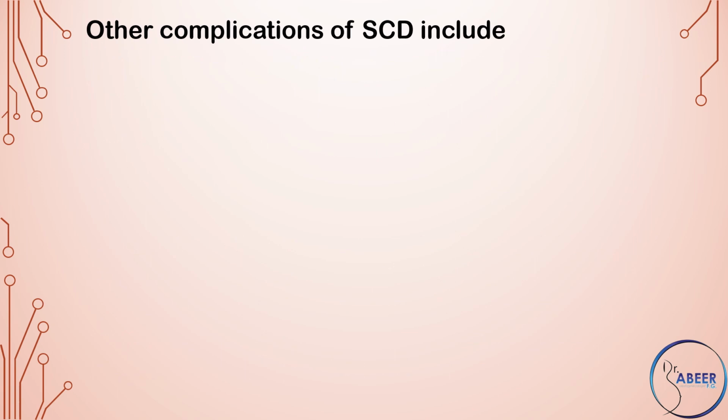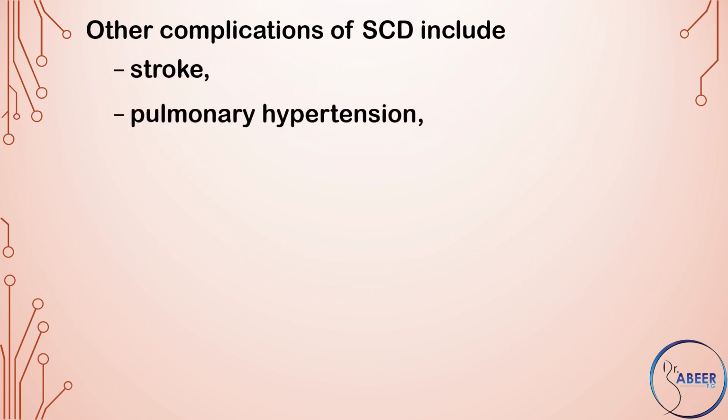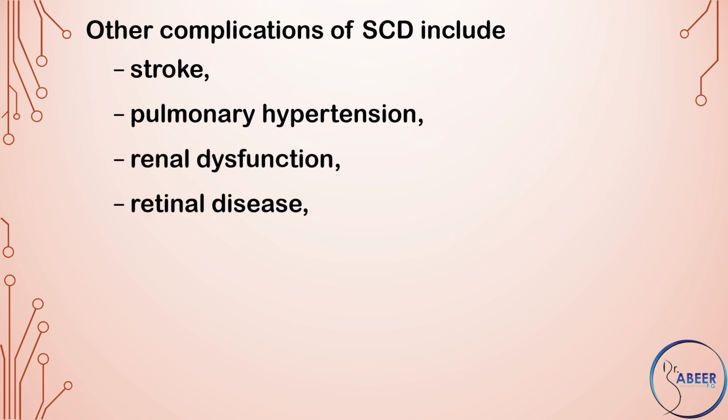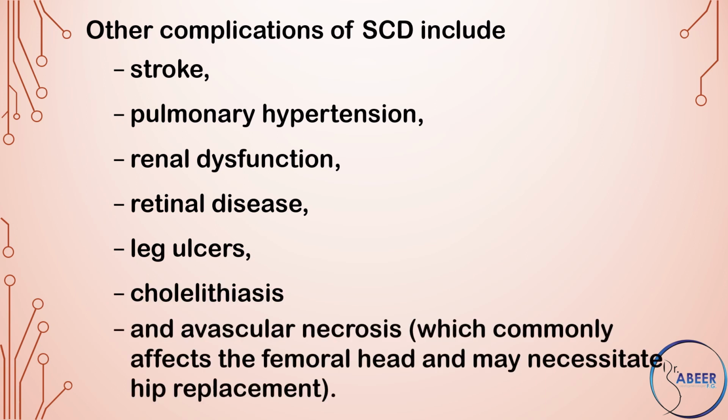Other complications of sickle cell disease include stroke, pulmonary hypertension, renal dysfunction, retinal disease, leg ulcers, cholelithiasis, and avascular necrosis, which commonly affects the femoral head and may necessitate hip replacement.